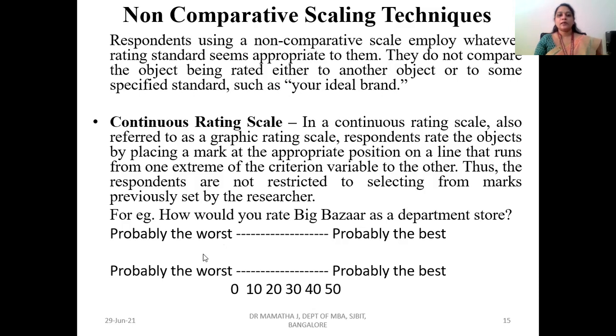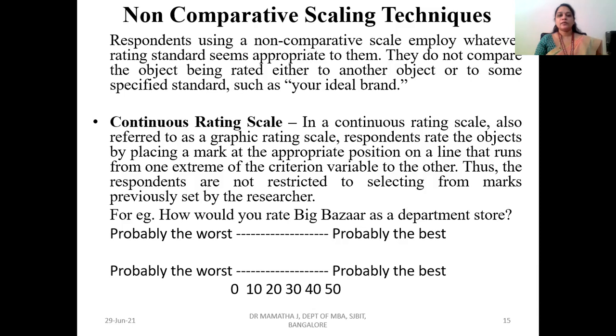Under this, we have the continuous rating scale, also referred to as the graphic rating scale. Respondents rate the objects by placing a mark at the appropriate position on a line that runs from one extreme of the criterion variable to the other.